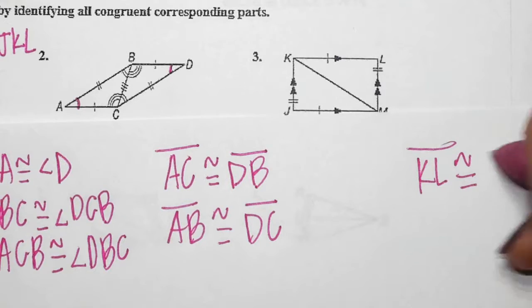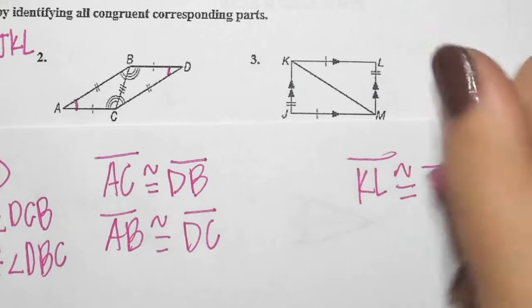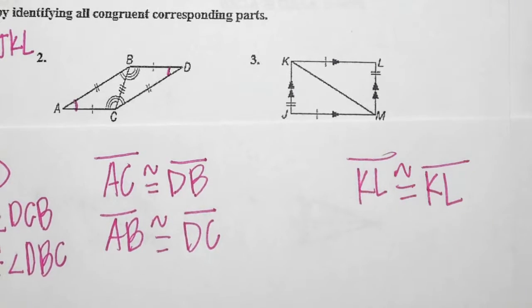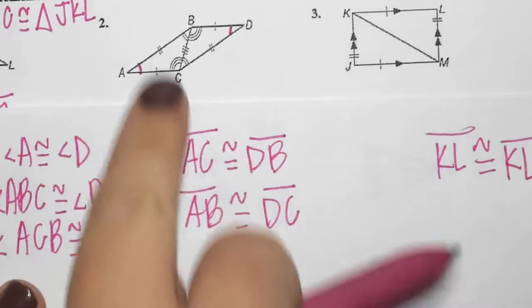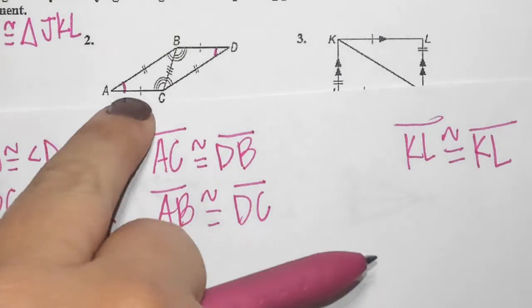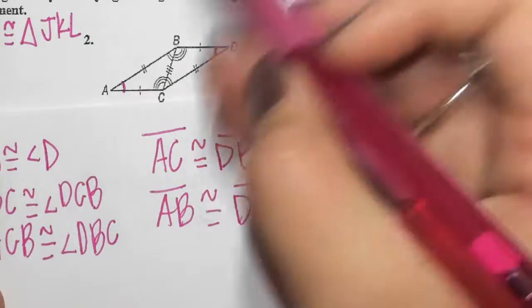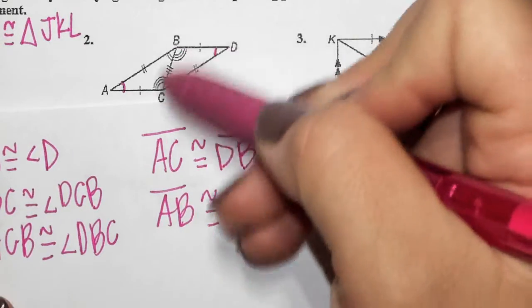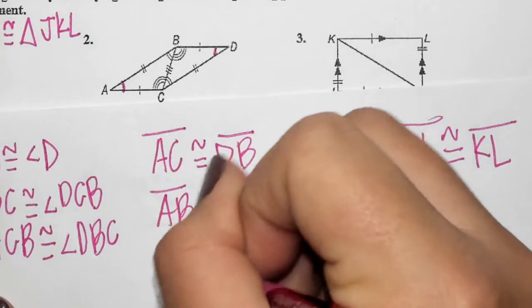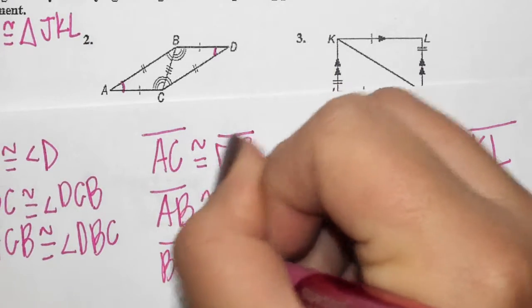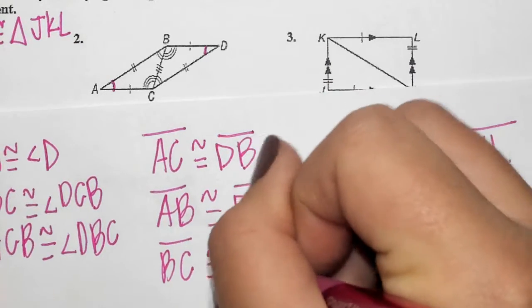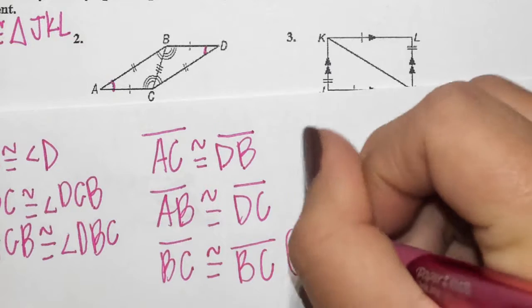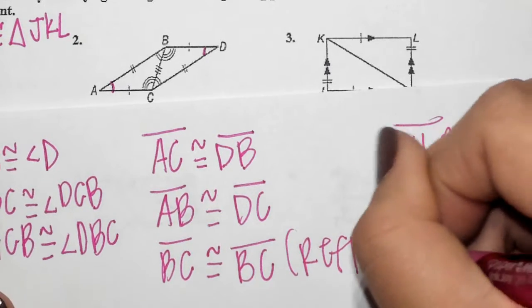Well, the reflexive property says that KL is congruent to KL. The same thing, right? We still have to prove this third side. So what do I say? Well, if I go BC, side BC is congruent to what side? BC. Because of the reflexive property.